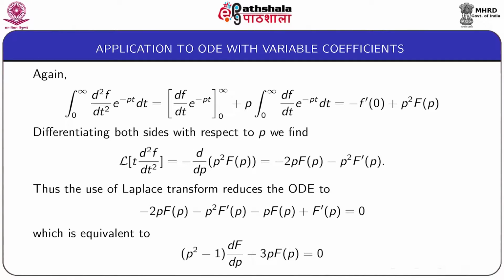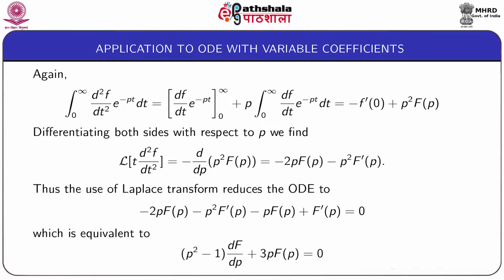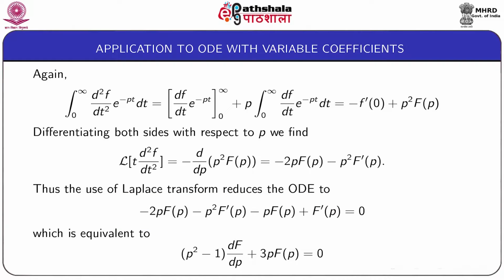Thus, using the Laplace transforms of t d²f/dt², df/dt and t f(t) in the given differential equation after taking its Laplace transform, we obtain minus 2p F(p) minus p² F'(p) minus p F(p) plus F'(p) equal to 0, which is equivalent to (p² minus 1) dF/dp minus 3p F(p) equal to 0.